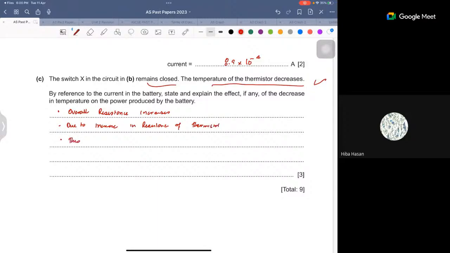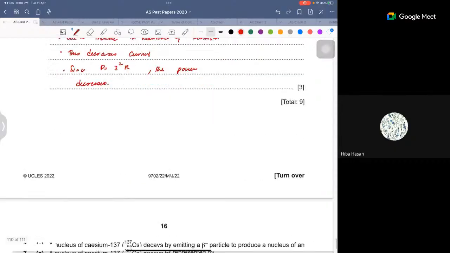Then this decreases current, and since power equals I squared R, with basically resistance the same, current and power you need to compare, right? The power decreases. Right? You can also write since power is equal to VI. That can also help you find this. This is pretty easy. If you have any questions, please let me know.